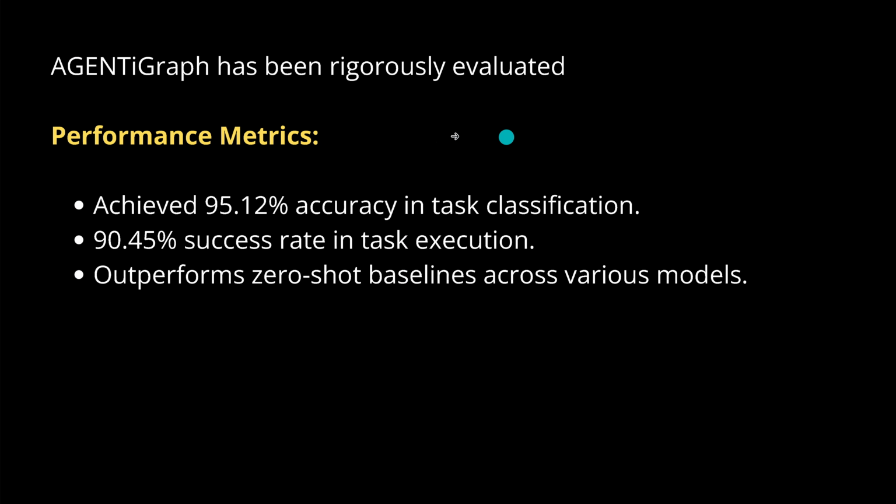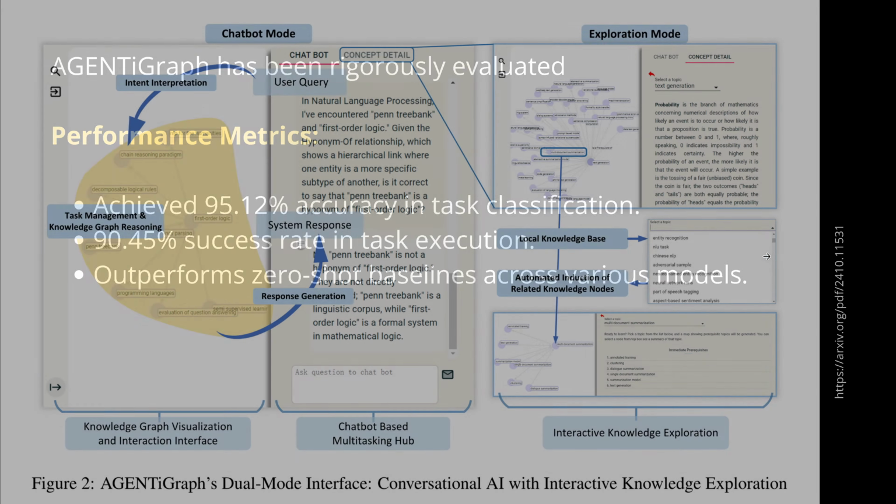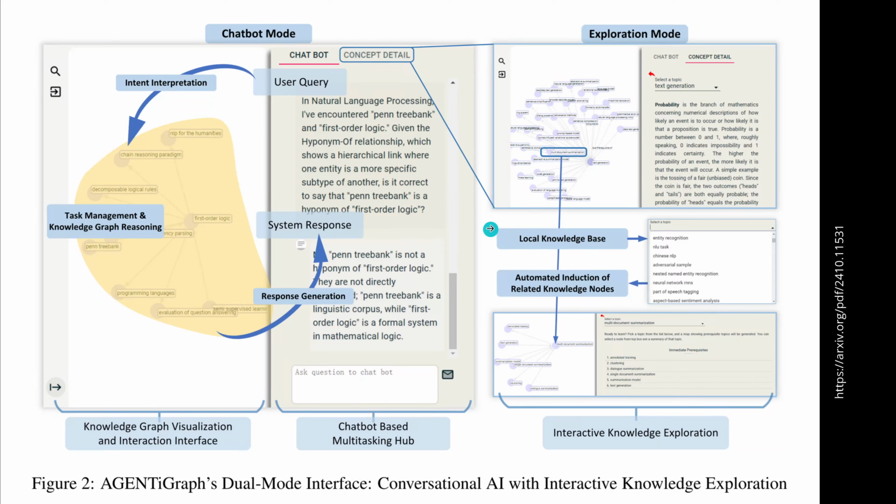And the authors tell us here our AGENTiGraph has been rigorously evaluated, and the performance metric is achieved 95% accuracy in task classification and 90% success rate in task execution. Okay. Beautiful. And they tell us here, hey, we have 2 modes.